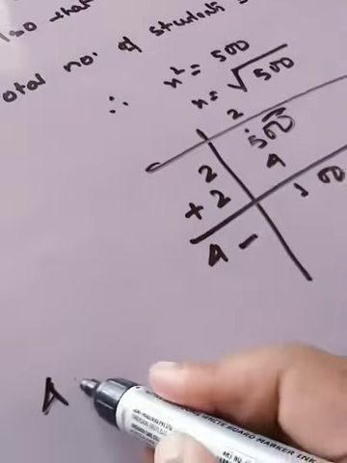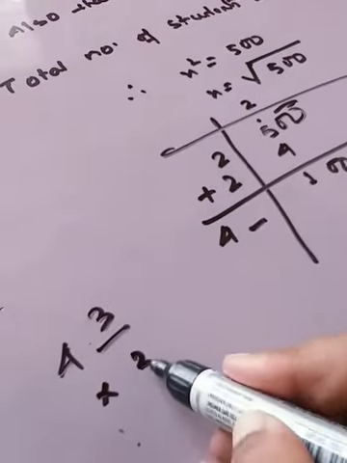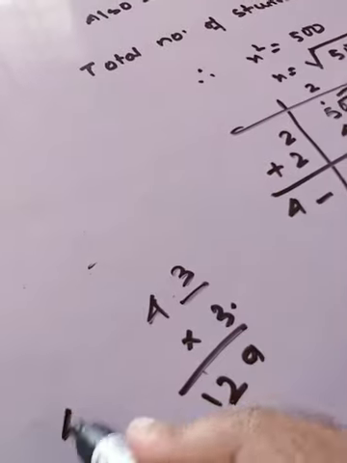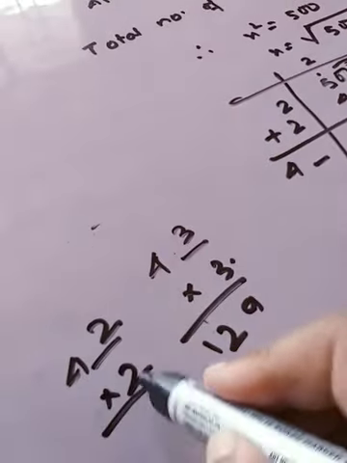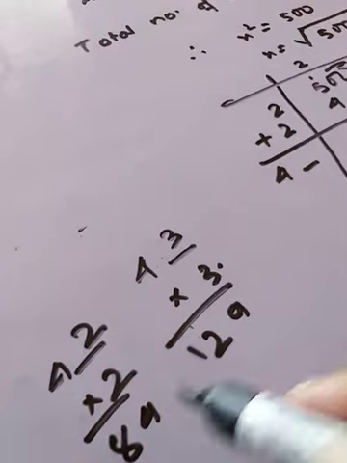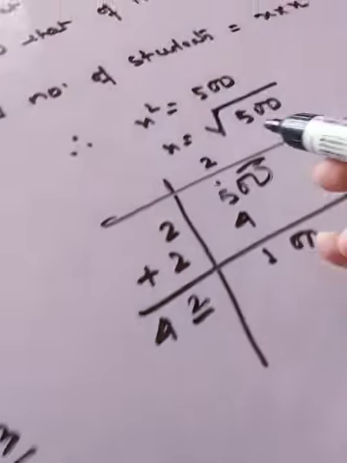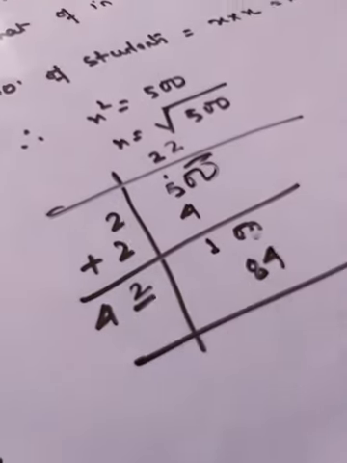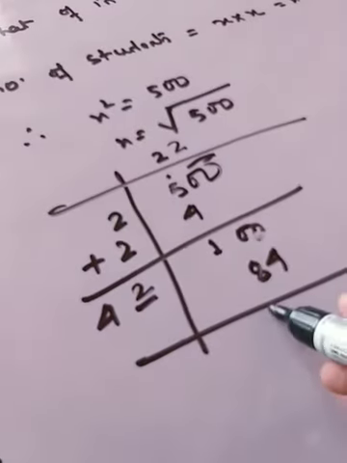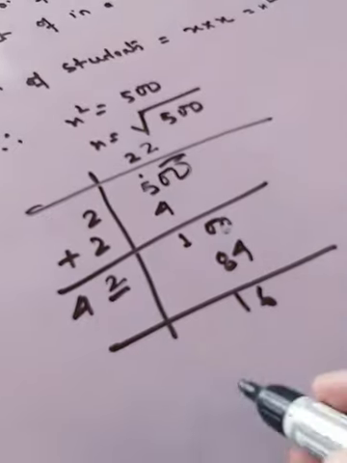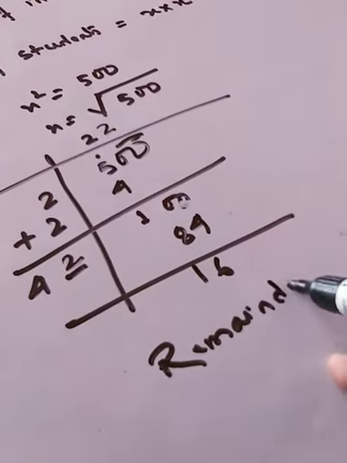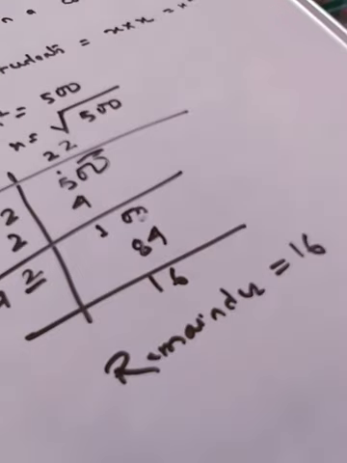Let me see. 4 3s are 9, 3 4s are 12, so it is more than 100, so we'll have to check with 2. So 2 2s are 4, 2 4s are 8, so it will go with 2. So 2 2 and then 84. So the number is 16. So the remainder is 16.